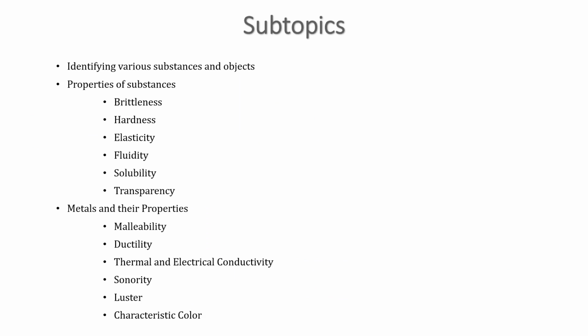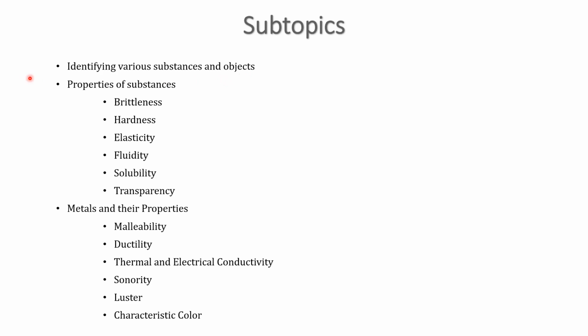Now this is the last video of this session where we will cover these subtopics. First we will see how we identify different substances and objects around us. And we have to investigate what different phases, different materials, and different substances are used to make one single object around us.